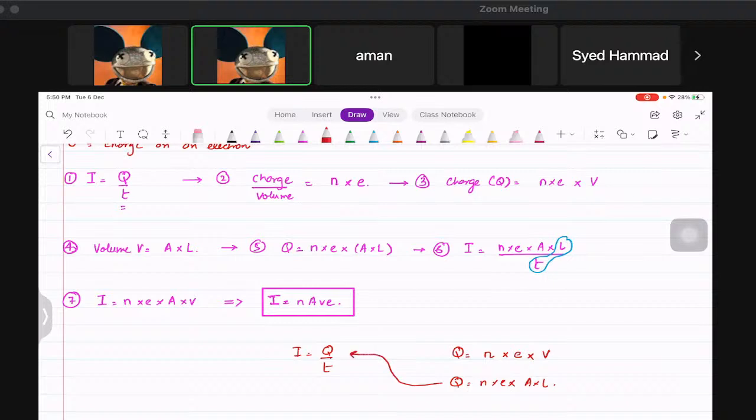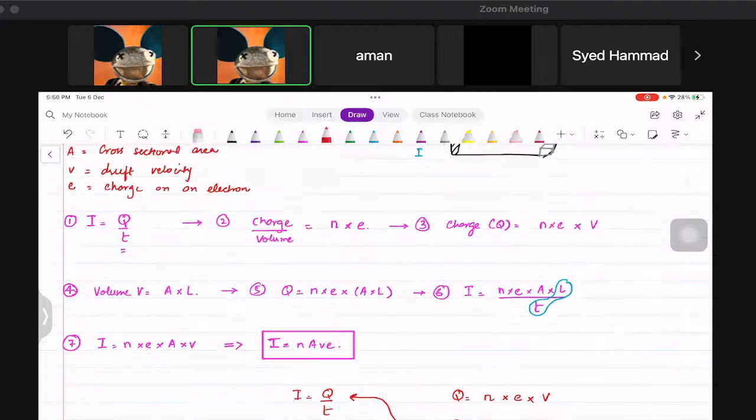When I do that, I get I equals n times E times A times L over T, and from here length over time is velocity, so it will be nAVe. This is basically the derivation. It is only 3 steps, but I have made each step detailed so you guys can remember. Okay, any questions?